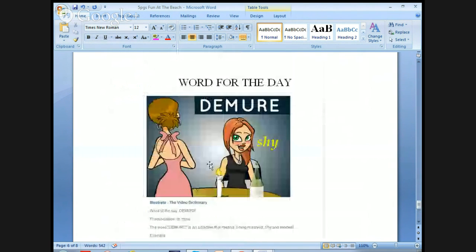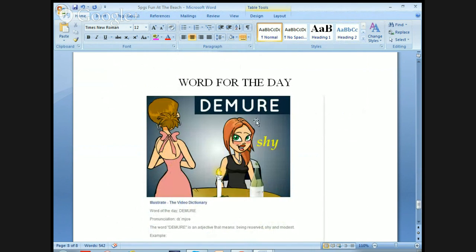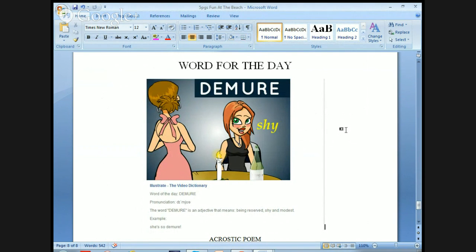Very nice. Just very quickly before we go to the final word, a word for today is demure. The word demure means shy. Usually, the word demure is associated with a female.